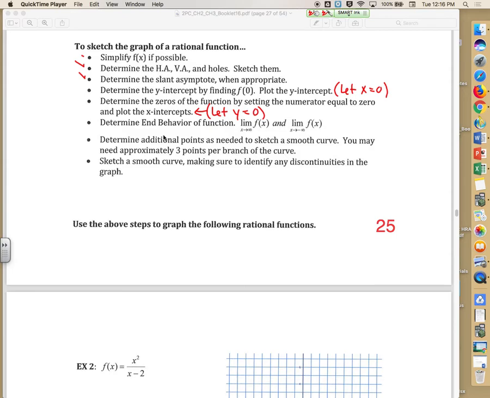On the quiz, I'll just give you these limit statements. I'll give you a bunch of different limit statements, and you'll tell me what's going on with that. And then for each section, you just need a couple more points. You need 3 points in each section to graph. And then just connect them all with a smooth curve. And like I said, you're using your graphing calculator, so look at the shape of the graph in your calculator first before you start working too hard.